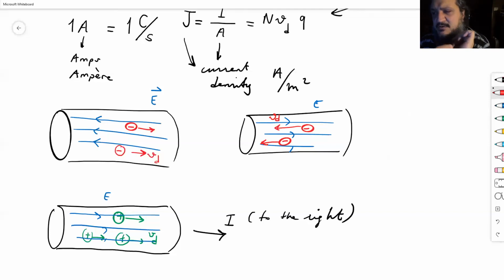So why don't I focus on the direction of the electric field instead of what the charges are doing? Yes, if the electrons are present, they're going to move to the left. If the charge carriers are positive particles, they're going to move to the right. But in both cases, the electric field will be to the right. So I'm going to call, in this case, the current also to the right.